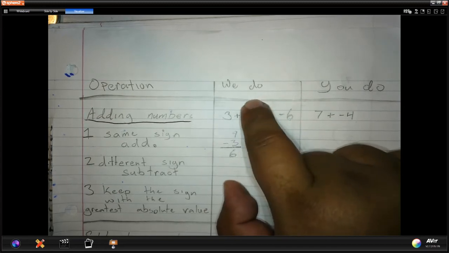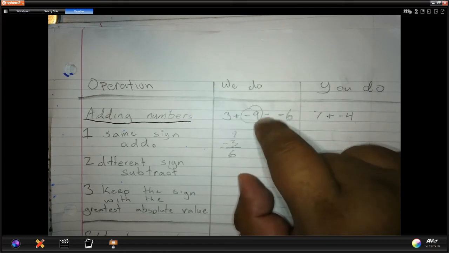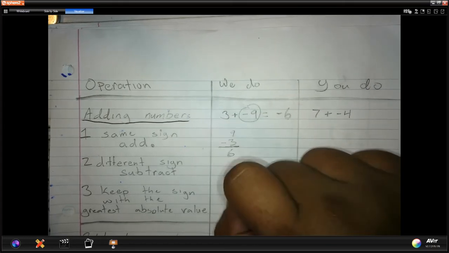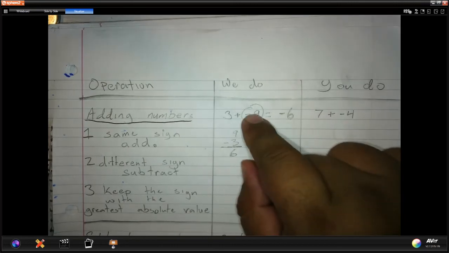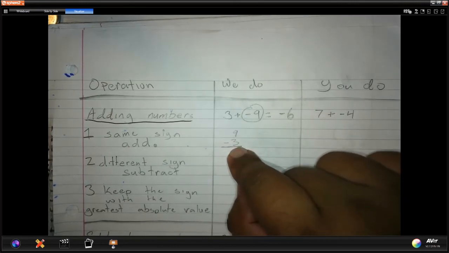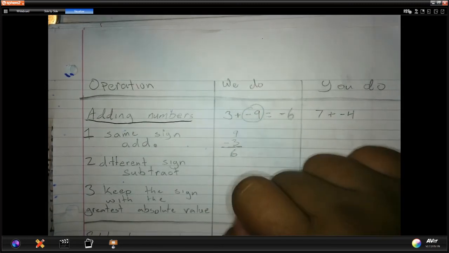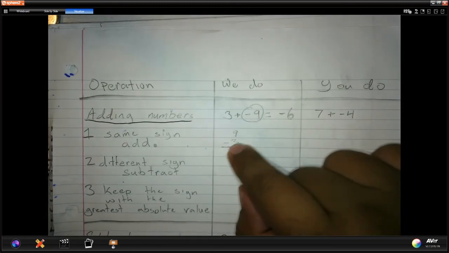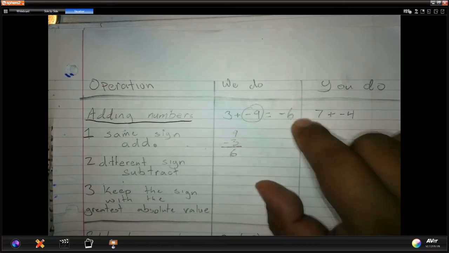So I'm going to circle the negative 9 because its absolute value is bigger than 3. Since this one's bigger, I'm going to do 9 minus 3. I'm ignoring which one is negative and which is positive, I'm just going to subtract. So 9 minus 3 equals 6. Then I can write my answer over here, 6.